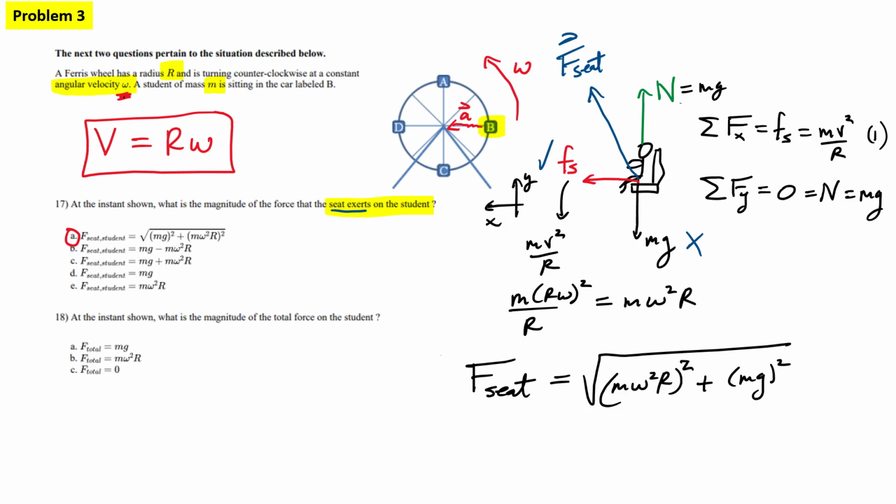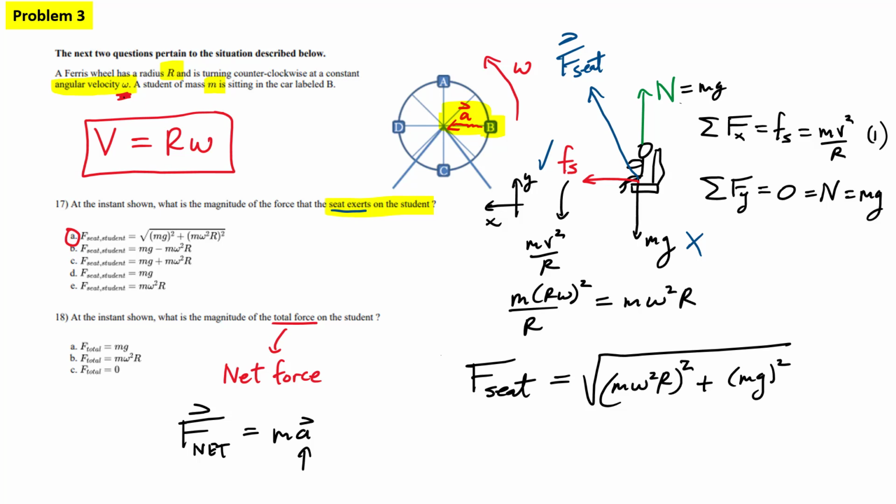All right, the next question says, at the instant shown, what is the magnitude of the total force on the student? They use this word total force. The total force is also the net force. When an object is going around in a circle at constant speed, we know the acceleration is toward the center of the circle, so the net force must also be in that direction, because Newton's second law tells us that.